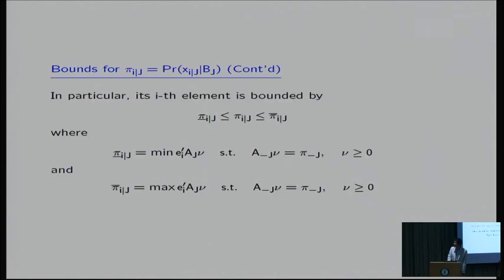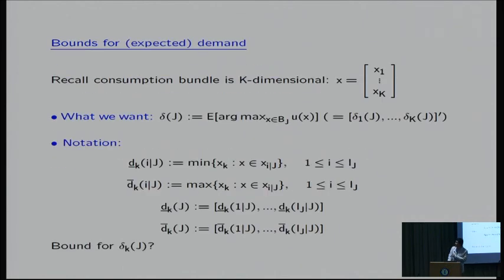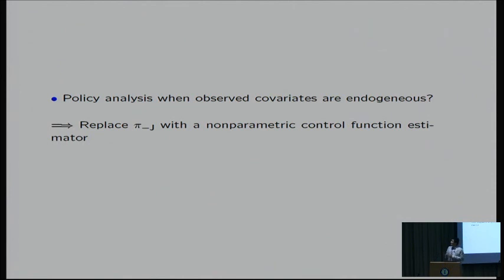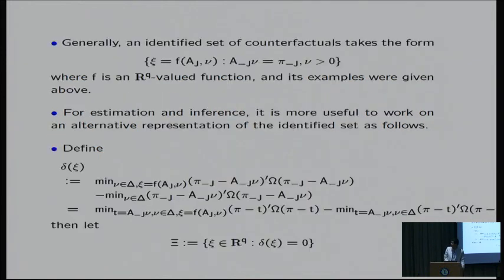So that's what you can do. And using that principle, you can also do a bounds analysis on the expected demand. Also, of course, if you are worried about endogeneity, you can add the control function approach, and then you can do a counterfactual with a potential presence of endogeneity.